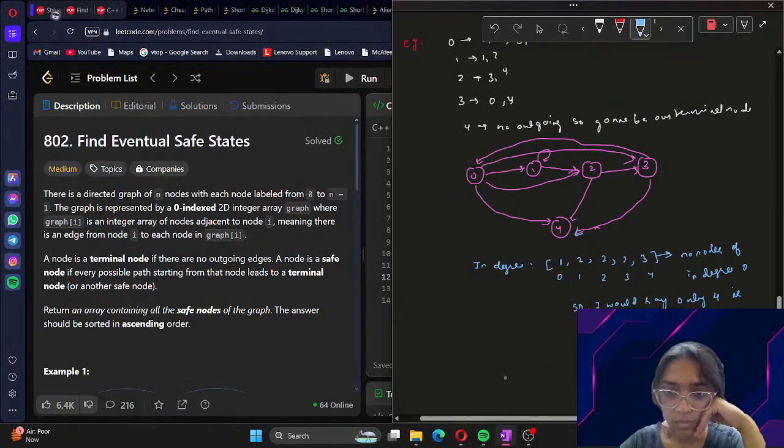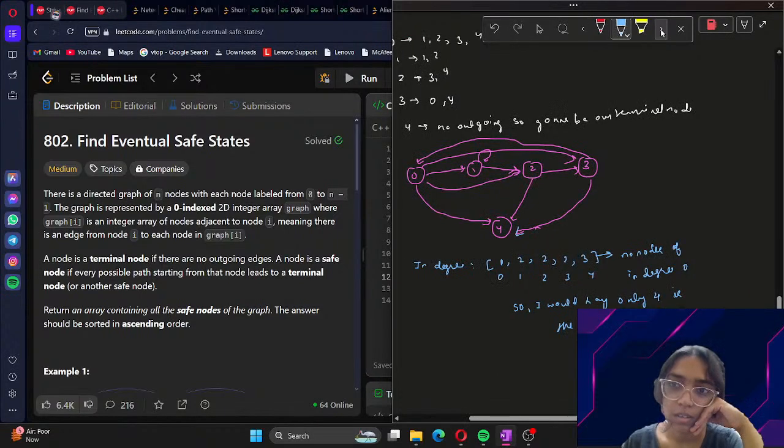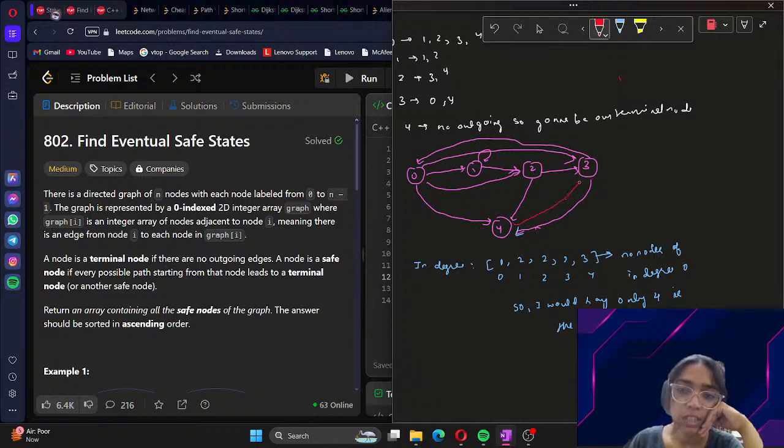I just got a thought that maybe here, instead of doing it like this, why don't we change the direction so that the terminal nodes has a degree of 0.